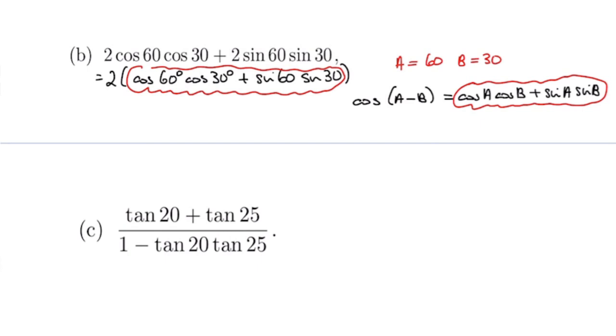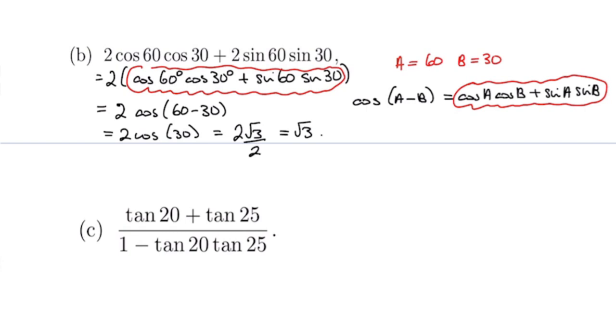So in order to work that out, I'm going to substitute those in, so I get 2 lots of cos of A minus B, so that's 60 minus 30, so that's 2 cos of 30. You should know that cos of 30, of course, is root 3 over 2. This is 2 lots of root 3 over 2, which is root 3.